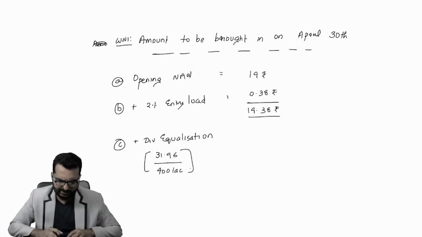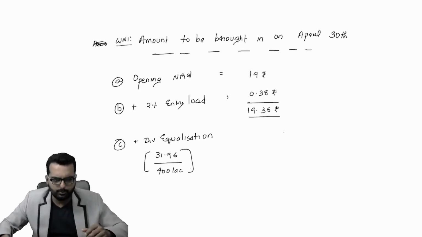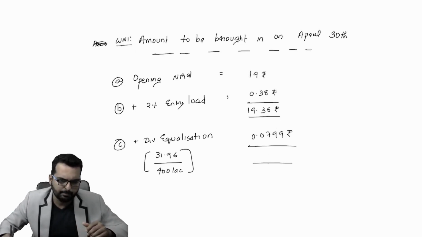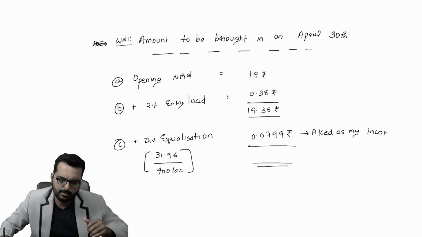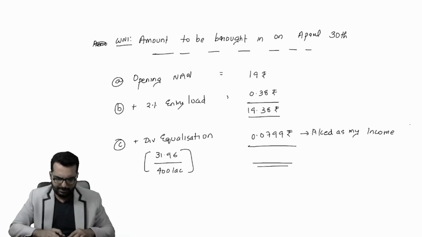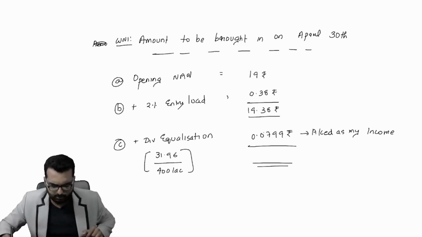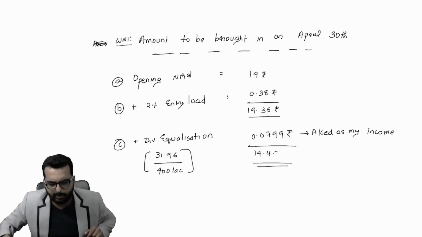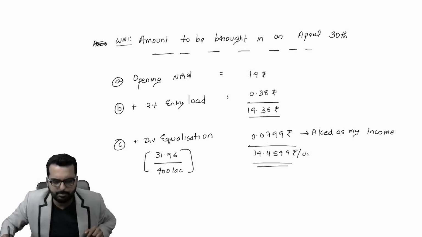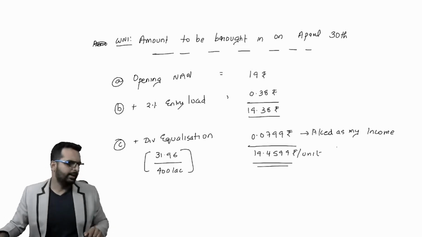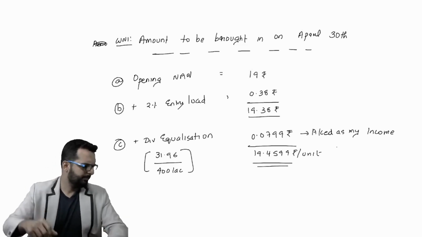So 31,96,000 divided by 400, you will get 0.0799 rupees. This is going to be accounted as my income. 19.38 I already have, plus 0.0799, I'll get 19.4599 rupees per unit. Can you write this down in your books now?